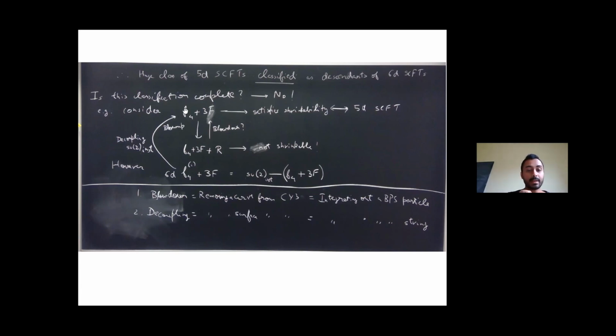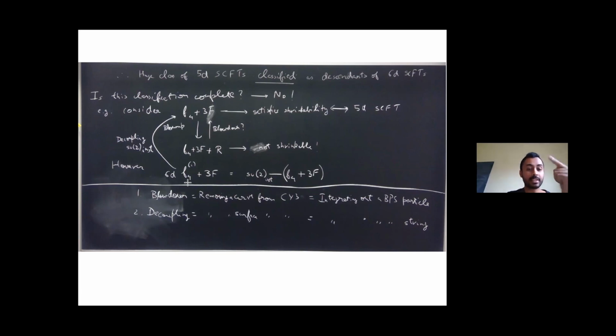So in this example, you have F4 plus 3F. This can actually be obtained from a 6-dimensional F4 plus 3F. This was a 5-dimensional F4 plus 3F gauge theory. If you take a 6-dimensional F4 plus 3F gauge theory and put it on a circle, then you are going to obtain a geometry whose intersection matrix gives you an affine F4.